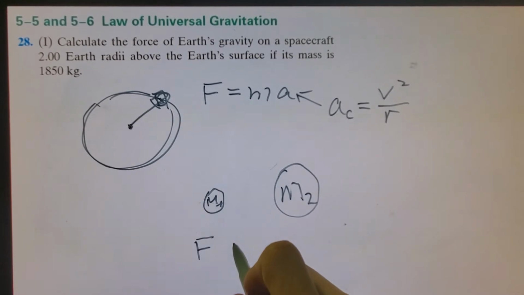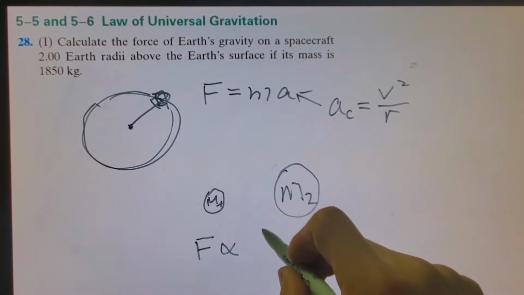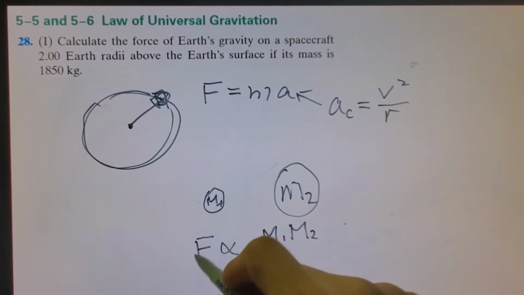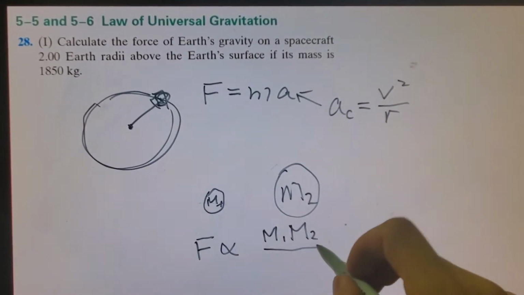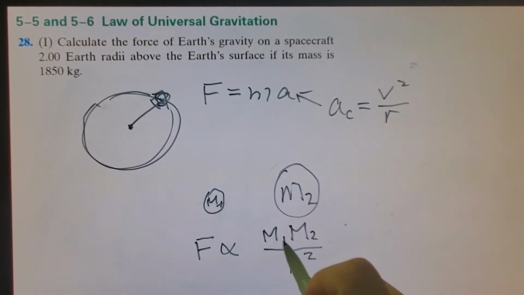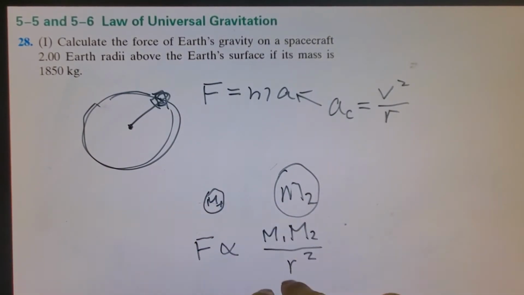The attraction force is proportional to the mass of each, so m1 and m2. If m1 is bigger, then the force will be bigger. If m2 is bigger, then the force is bigger. And it will be inversely proportional to the distance squared, or to a certain power. If the distance between them is smaller, then this whole thing will become bigger.